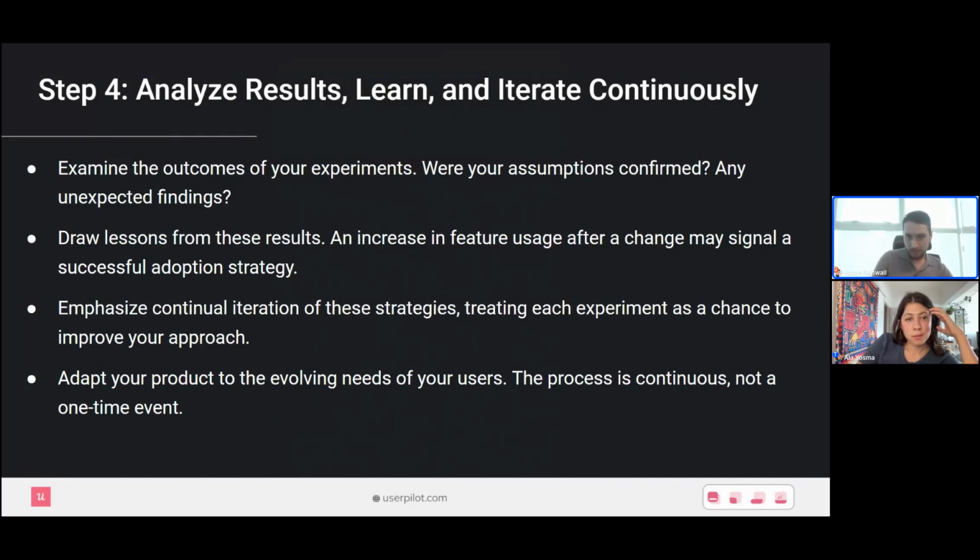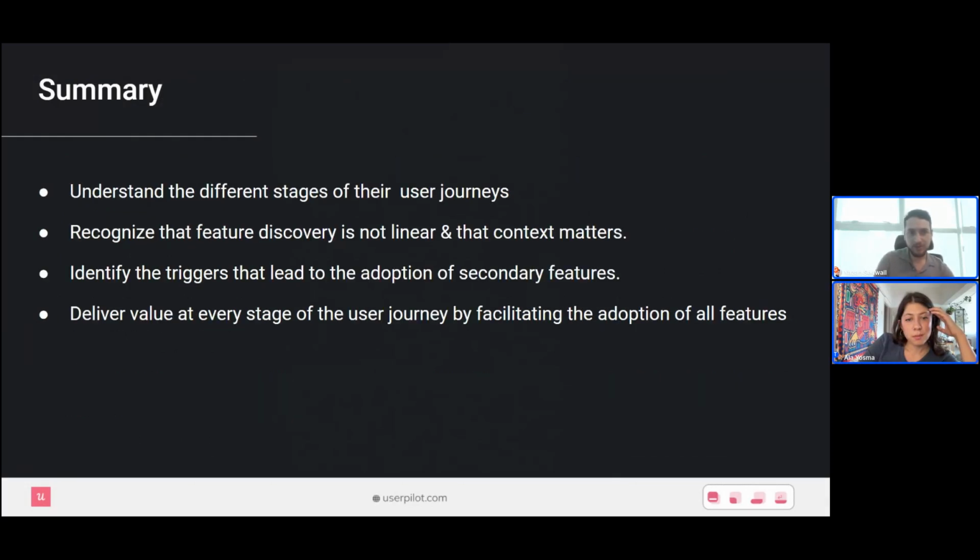Okay, so right now, just as a summary, we need to understand the different stages of the user journey, as we spoke about them, and that feature discovery is actually difficult. It's not very linear, but the most important thing here is context.